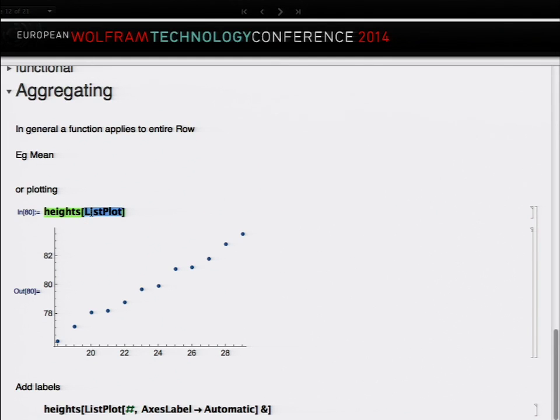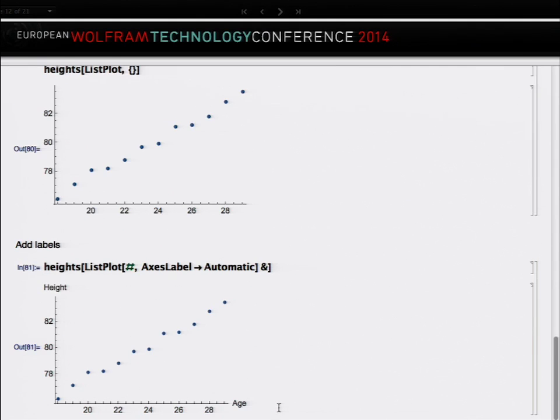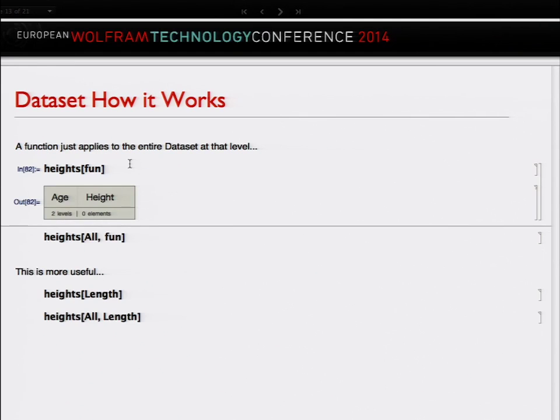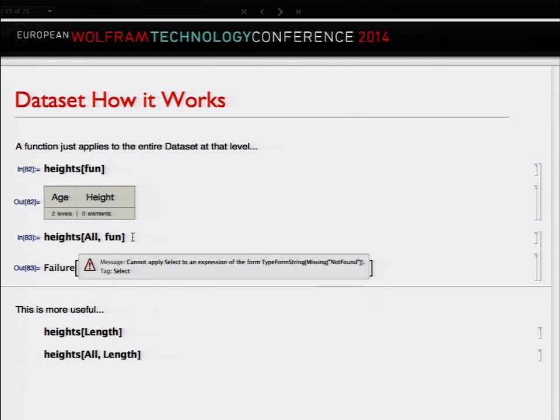This applies to all the rows, and so this has the result of making a plot. Or here I could choose columns. And I can give options to the plot. And when you give the options to the plot, it knows what you're doing. So this is the idea: a function is going to apply to the entire dataset.